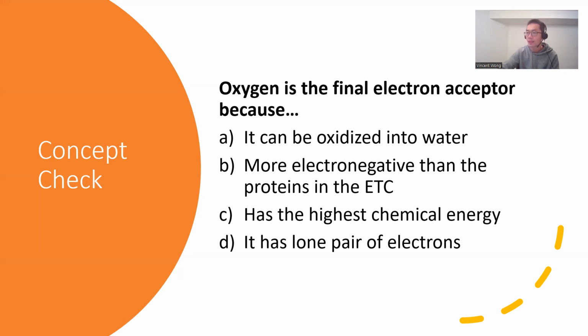Okay, that's fine. Oxygen is the final electron acceptor because it can be oxidized into water. No, that's not true. It's picking up the electron, so it's reduced into water. Oxygen is the final electron acceptor because it's more electronegative than the proteins in ETC. That's true. And more electronegative means it has higher attraction for the electron. So it has to be a stronger attraction than the third protein, right? Otherwise, it's not going to be able to pull it off. The other ones are not true.